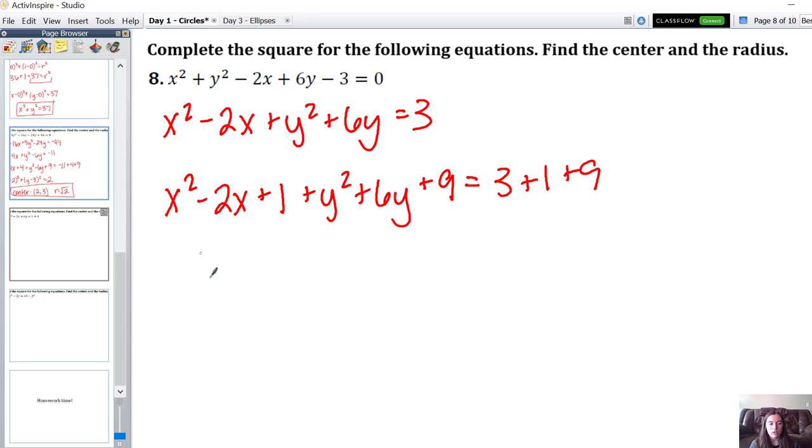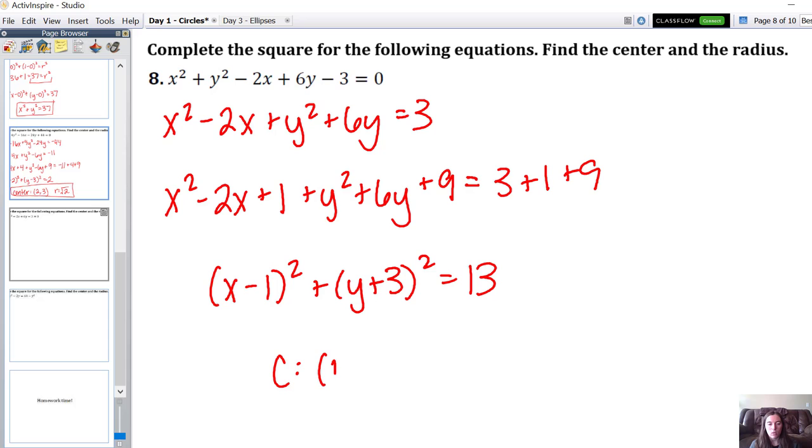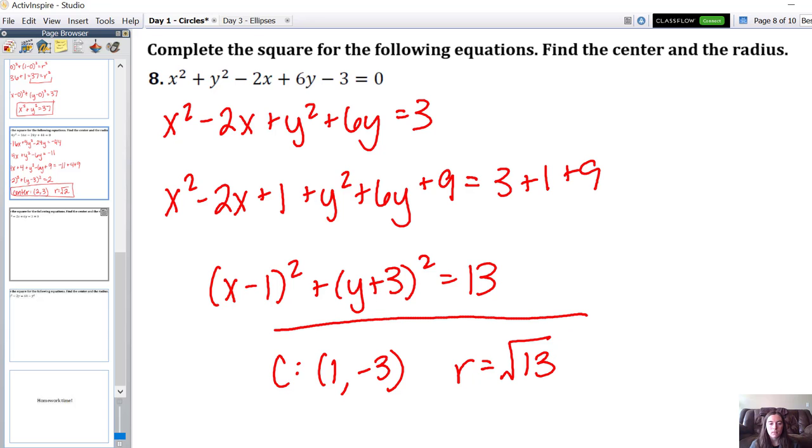Now I can factor. That's x minus 1 squared plus y plus 3 squared equal to 13, meaning my center is at 1, negative 3, and my radius is the square root of 13.